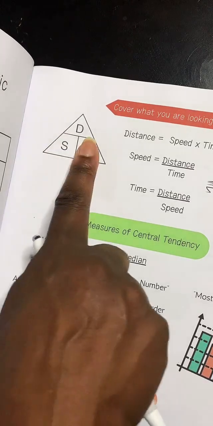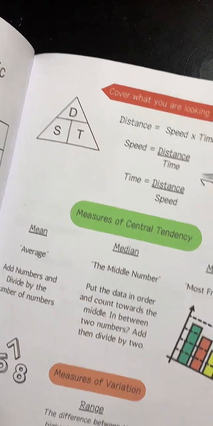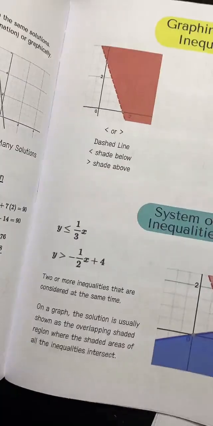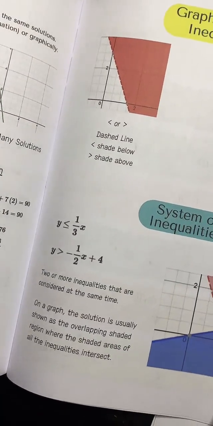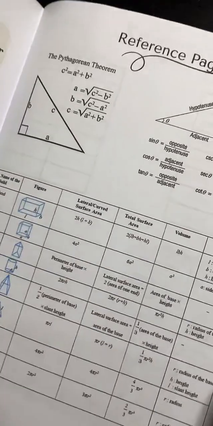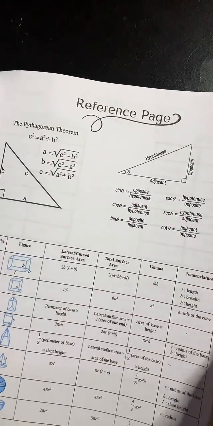If you're looking for time, cover up the T, then you got your distance divided by speed, as well as your measures of variation. How to look at some examples of systems of inequalities, systems of equations. So it's all those little formats, those little formulas that you use so often. Volume and surface area is also in here, Pythagorean theorem, and also a little bit of trig with SOHCAHTOA.